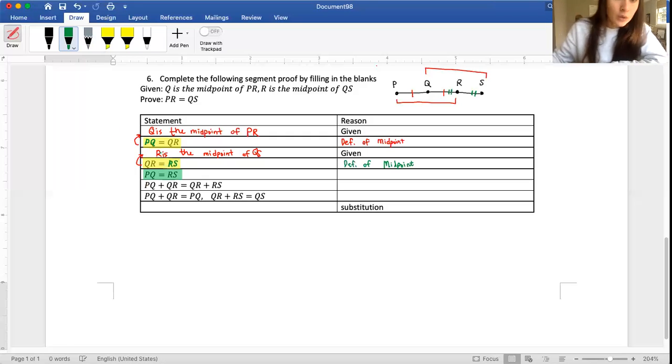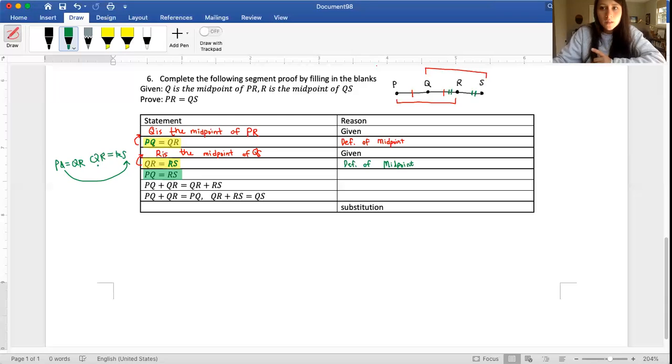If I read these two yellow statements side by side, like PQ equals QR and QR equals RS, what can I conclude from this? Well, I can conclude that PQ equals RS, right? What kind of property is this whenever I'm skipping that middle step?